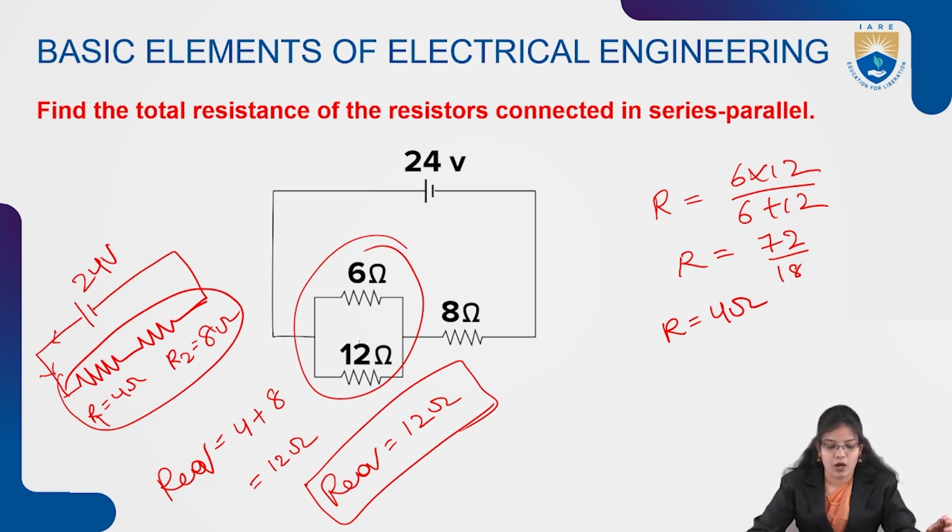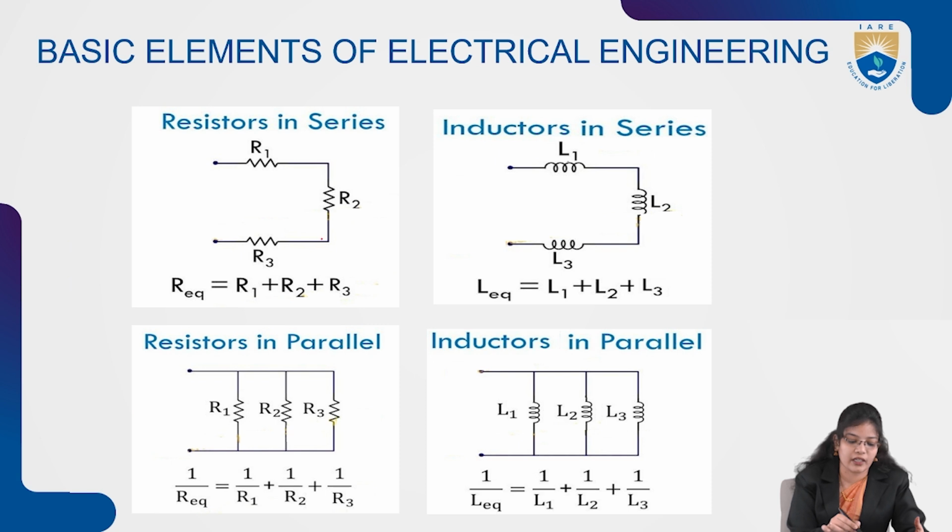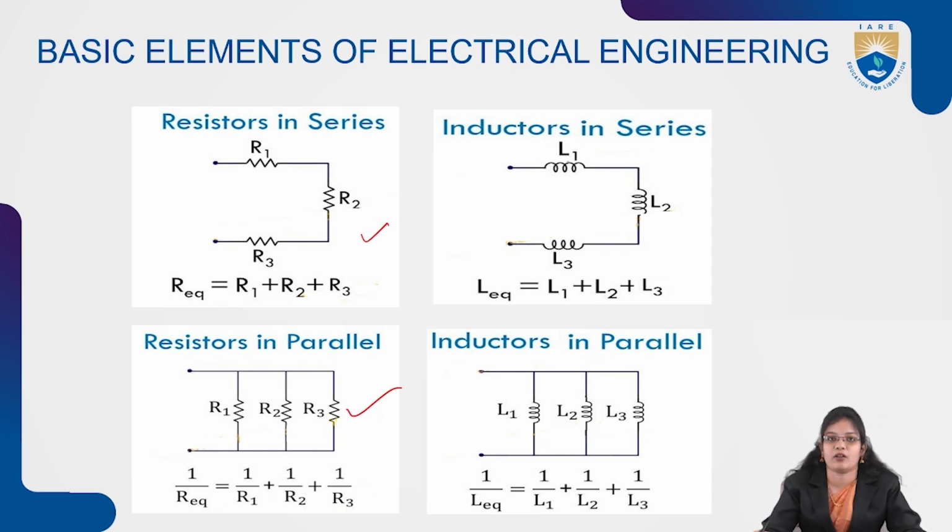Now we have seen how to calculate the resistances in these combinations. Now we have to know how to calculate inductances and capacitances when they are connected in series and parallel.